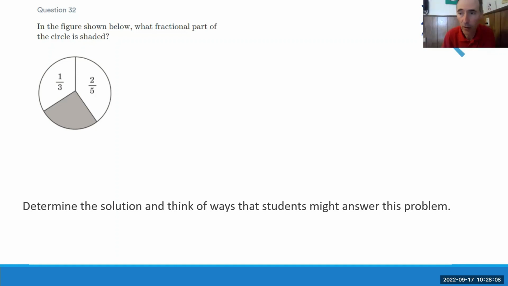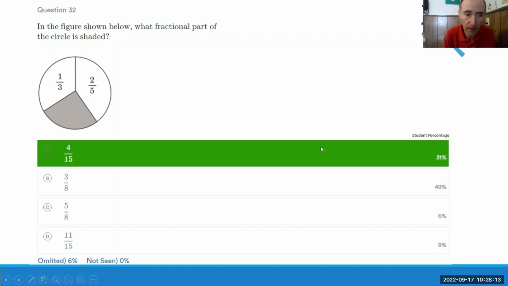So let's take a look at what students did. Those are the choices. One is 4/15. I was thinking about what the actual answer was, and I thought, what might students do? They may add 1/3 plus 2/5 to get 3/8, and I'm looking at 3/8 as an option. And if students thought, okay, I have 3/8, but then what's the whole?